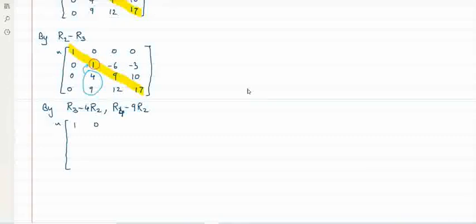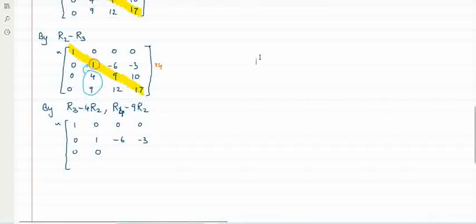1, 0, 0, 0, 0, 1, minus 6, minus 3. Apply the transformation: multiply this row by 4 and subtract. Can anyone tell the elements? 0, 0. If required, this note can work as a calculator.